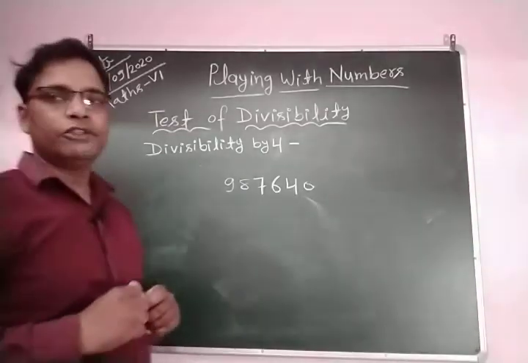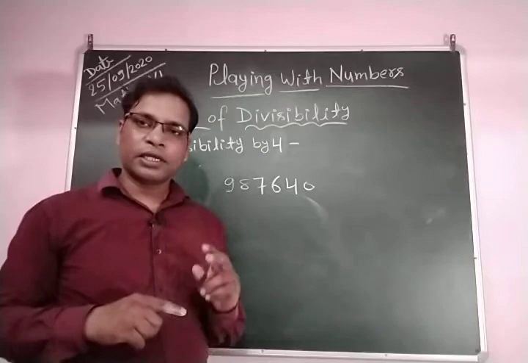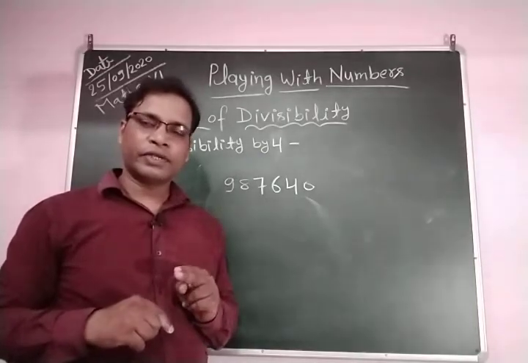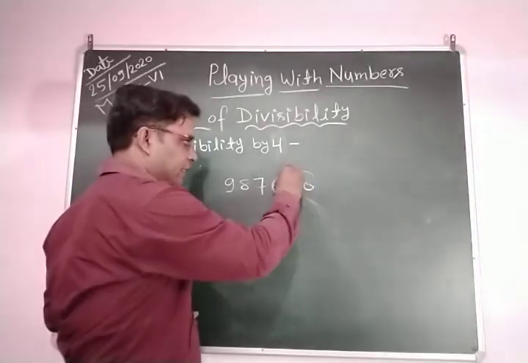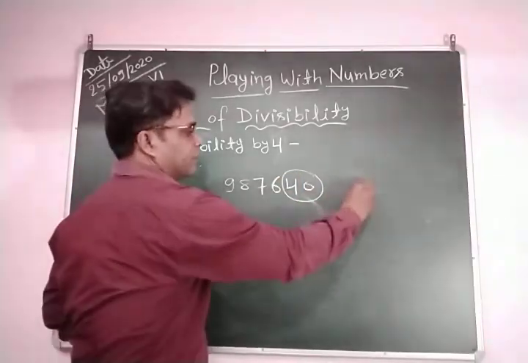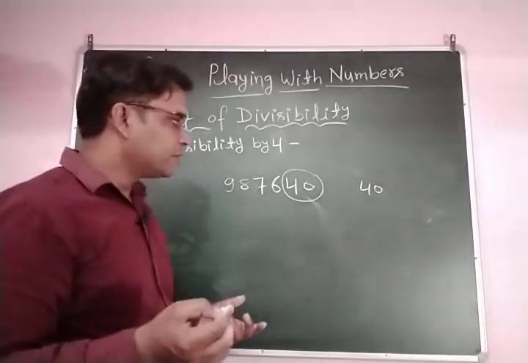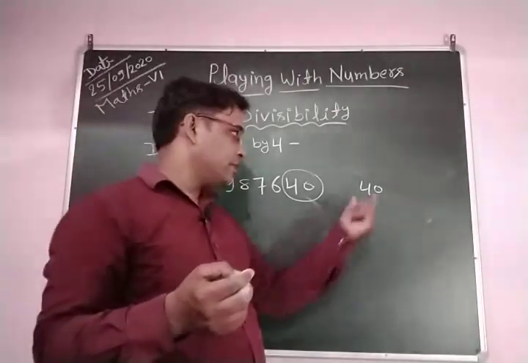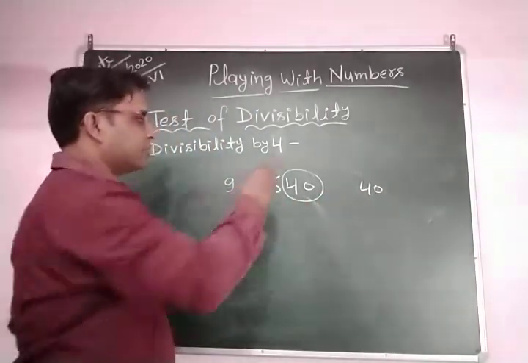Is this number divisible by 4 or not? How do we check? We take the last two digits from the right. This is 40, and 40 is a multiple of 4. It means that 40 is divisible by 4. If the last two digits are divisible by 4, then the whole number is divisible by 4. So this number is divisible by 4.